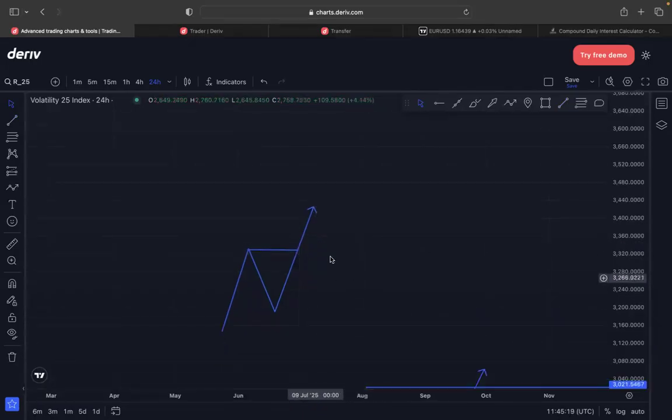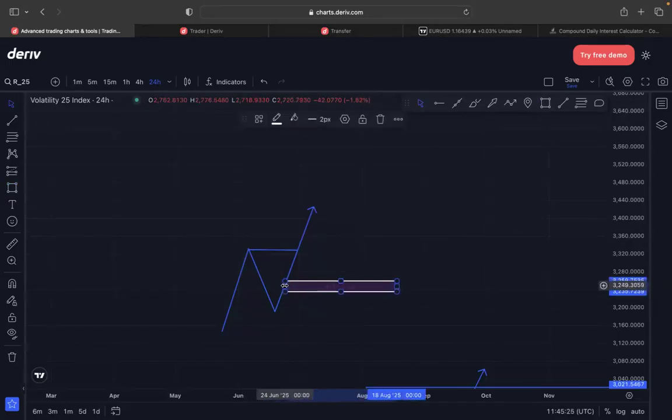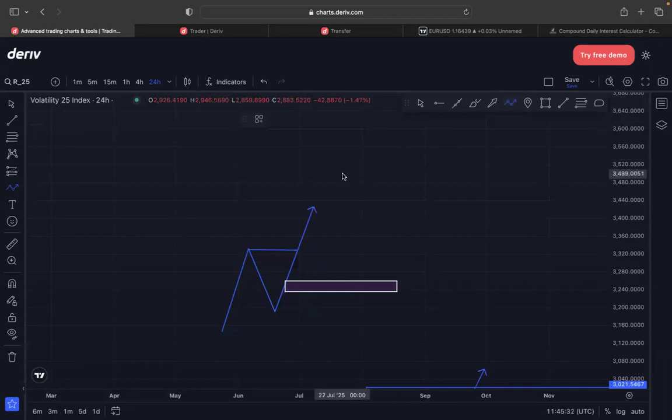Just look for your order block right here and wait for it. Once you see the market come back into here, it's either you enter immediately on this order block or you go to the lower time frame.